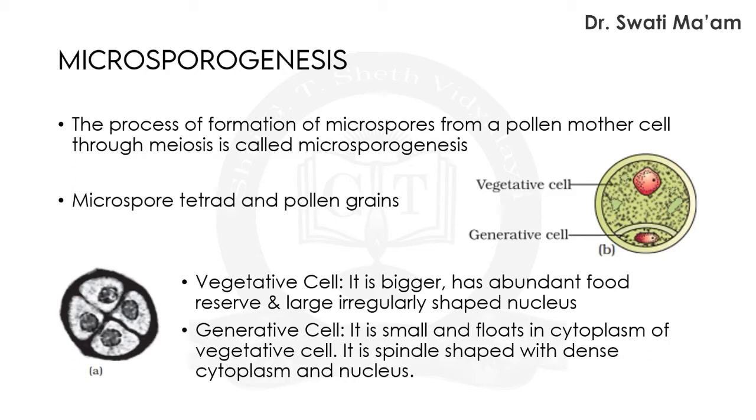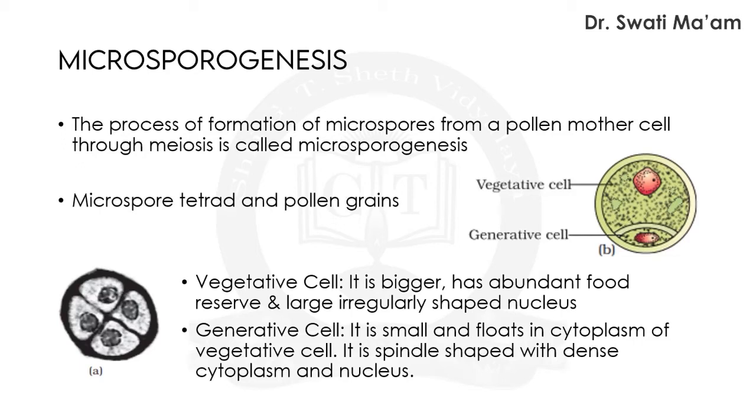I think you recall the term microspore from your 11th standard, when we learned about the different phyla of plants, basically gymnosperms and angiosperms, because they are the flower bearing plant groups. In gymnosperms, we are very familiar with the words microspore, megaspore, microsporophyll, megasporophyll. So here microspore indicates the male reproductive structure.